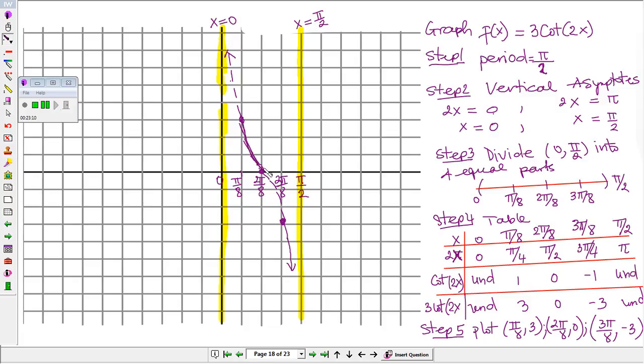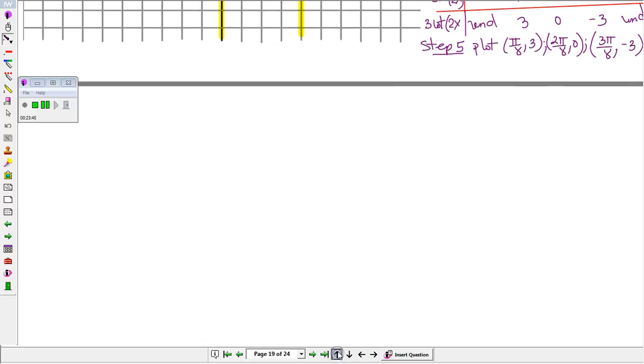Here we are, looks okay, not bad at all. So this is the graph of the function f of x equals 3 cotangent of 2x. Of course, you can graph additional periods, but I only graphed one period. Make sure you write out the summary at the end.